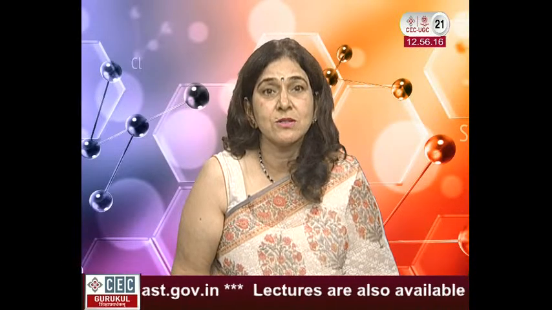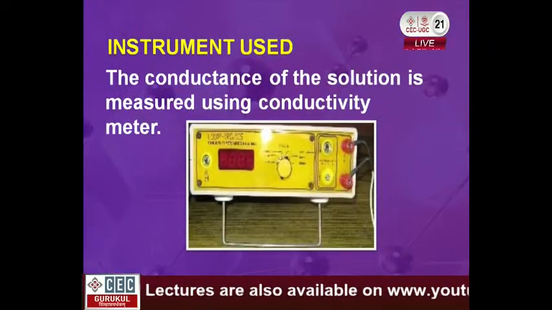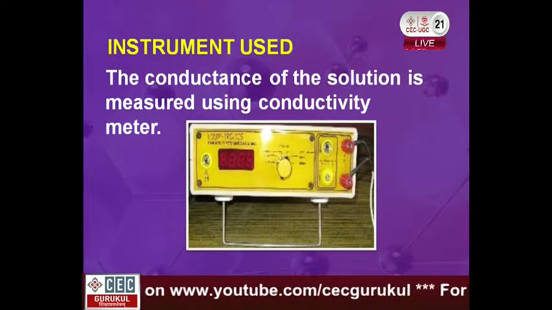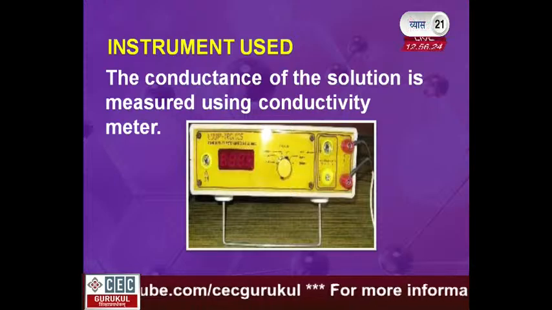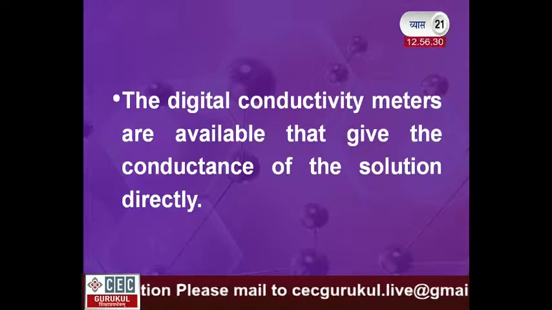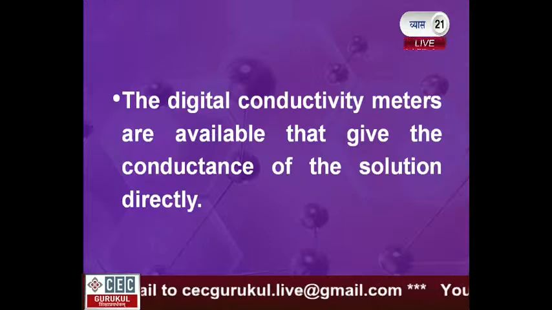Instrument used. The conductance of the solution is measured using the conductivity meter as shown in the figure. The digital conductivity meters are available that give the conductance of the solution directly.